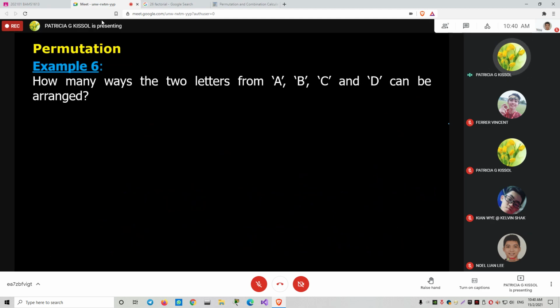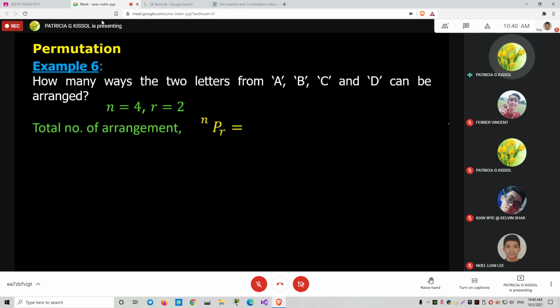How many ways can 2 letters from A, B, C, and D be arranged? You see our n, how many can we choose from? There are 4. And how many letters do we want? 2. So it could be AB, it could be AC, it could be CD.